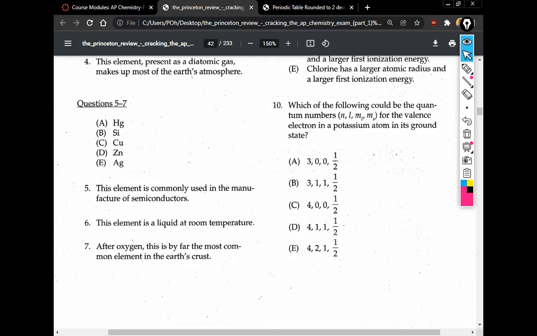You guys might not even remember this. I don't, I'll be real. So start with the N. N tells you which shell it's in. L is what subshell it's in.